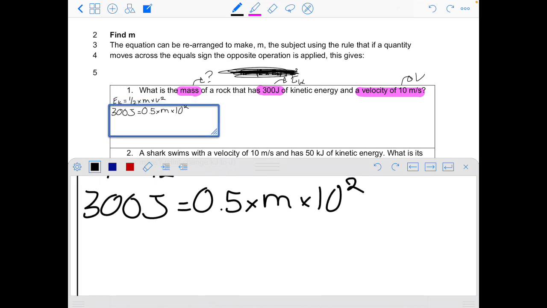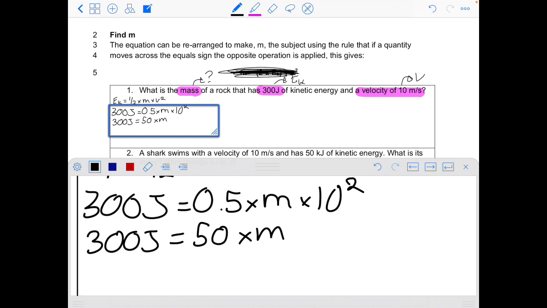So I tend to go 300 joules is equal to, I know 10 squared is 100, times 0.5 is 50 times our mass. If 50 times m is 300, what is m? We're multiplying here, so to move it across, we divide it. So we know mass is 300 divided by 50.